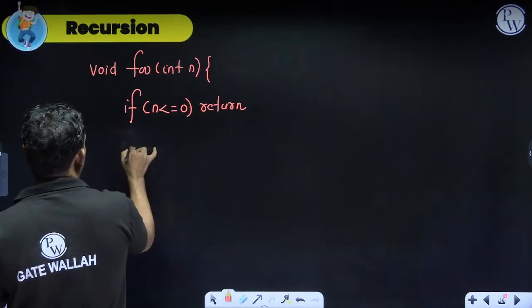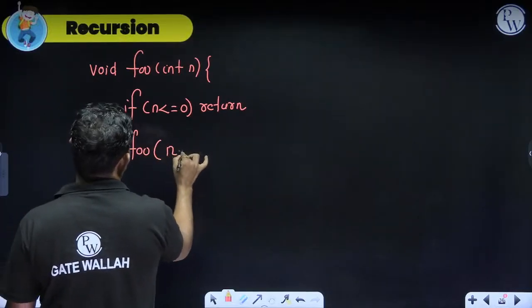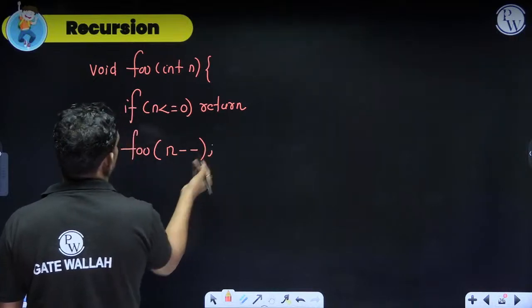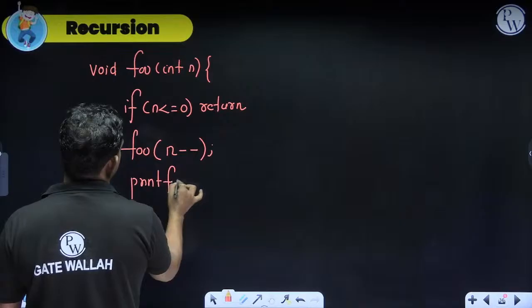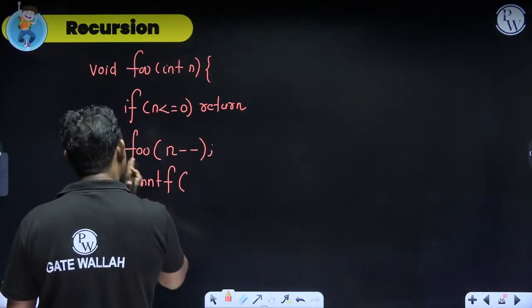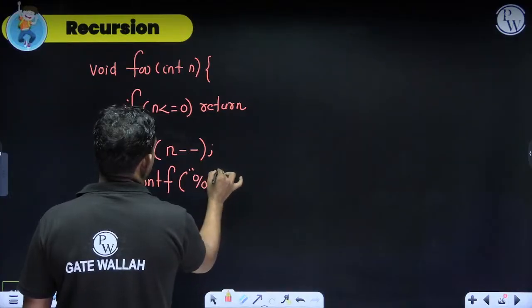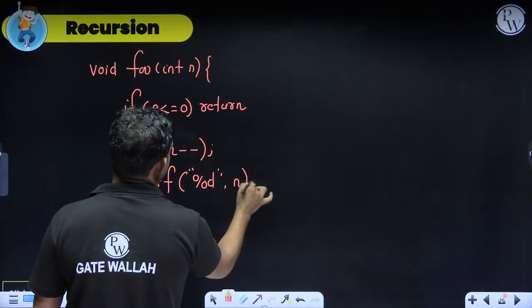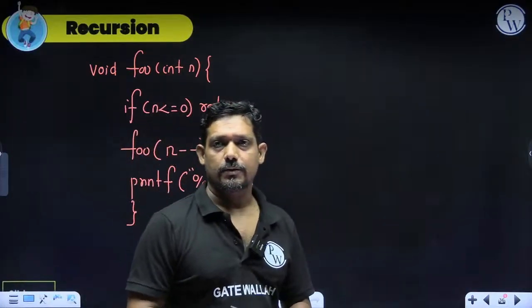Then here I call the same function foo with n minus minus, and then I say printf n. Look at this function and let's look at this situation.